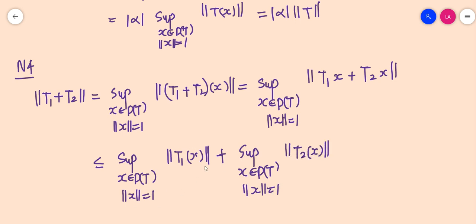This is the definition of norm T1, and this is the definition of norm T2, so this is equal to norm T1 plus norm T2. So norm of T1 plus T2 is less than or equal to norm T1 plus norm T2. So we have proved all four properties of the norm. Our norm of a bounded linear operator satisfies all the properties of a normed space.